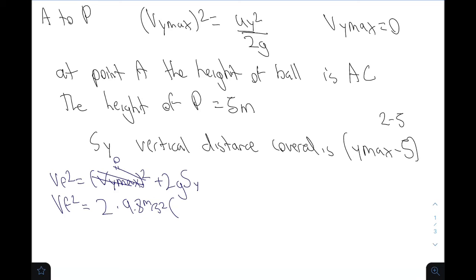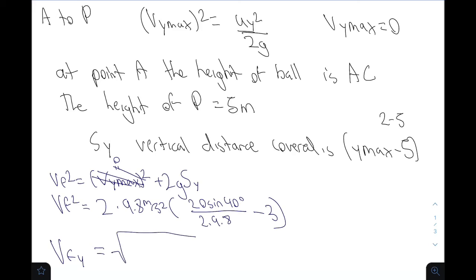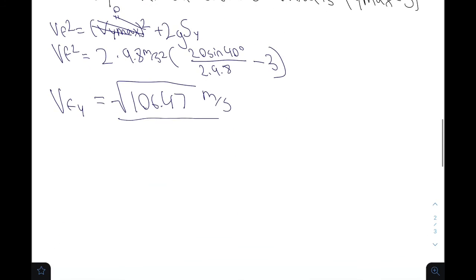This is going to be multiplied by 20 sine 40 all over 2 times 9.8, minus 3. Doing all the math for that, Vfy is going to equal 106.47 root meters per second. And this is going to be the velocity as it hits the final point at P.